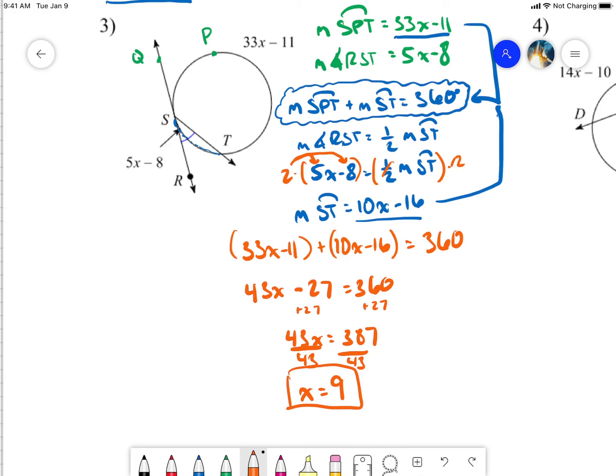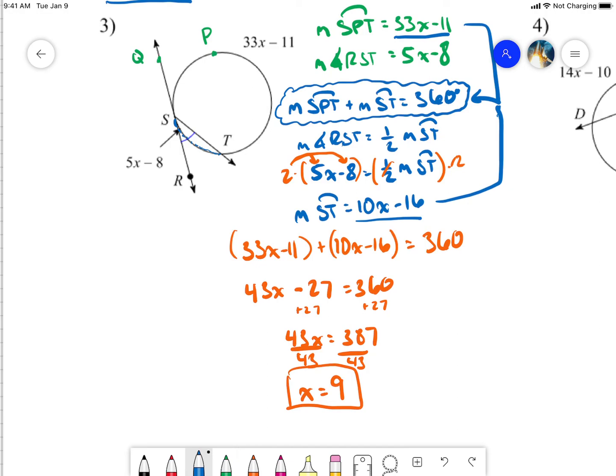Yay! But we still need to check. Anytime I'm solving for x and I've gone through this whole complicated process, it's definitely recommended to check and make sure. So to check, I'm going to do a couple of things.